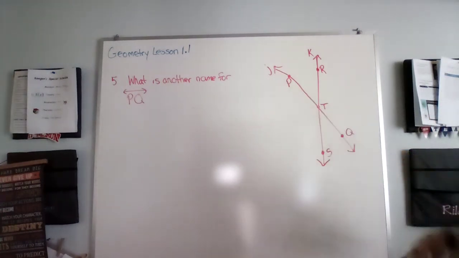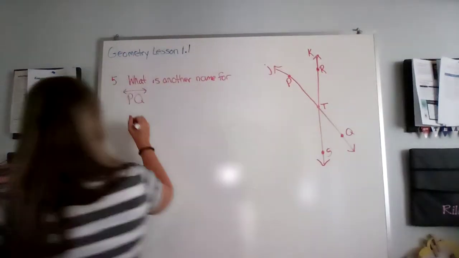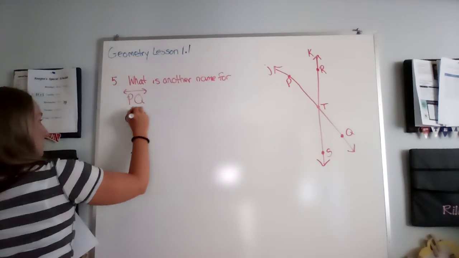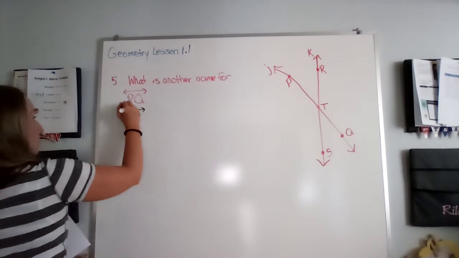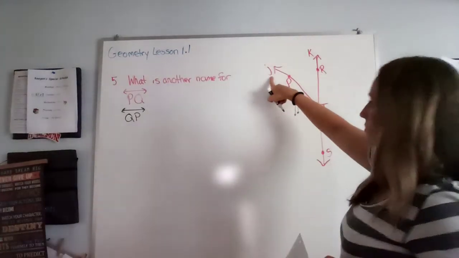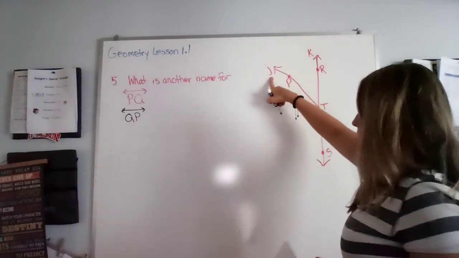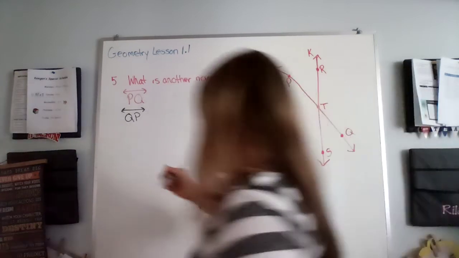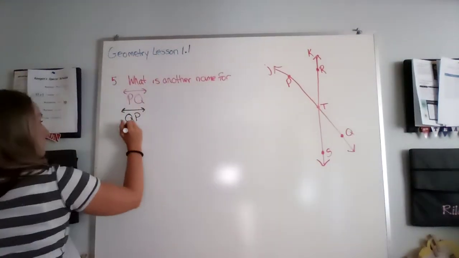You could just flip the letters and call it line QP. You could use the letter by the arrowhead and call it line J.